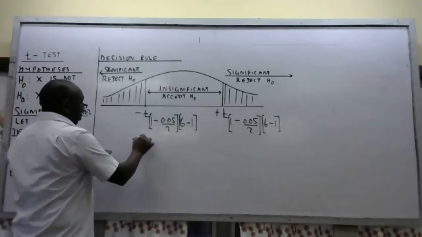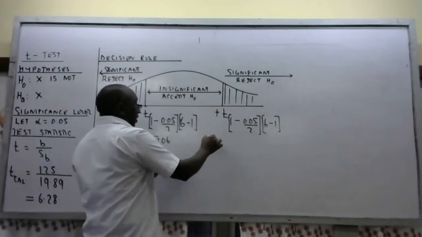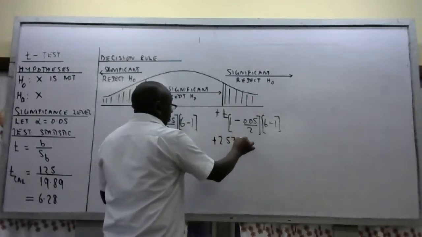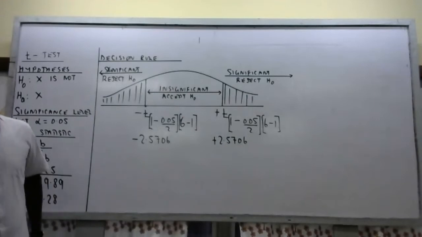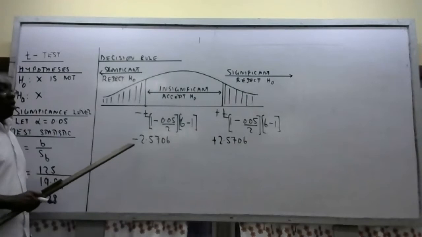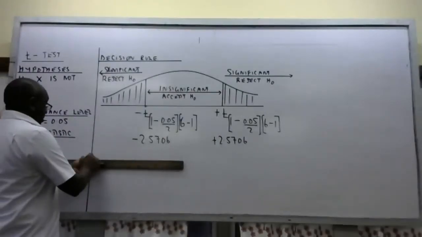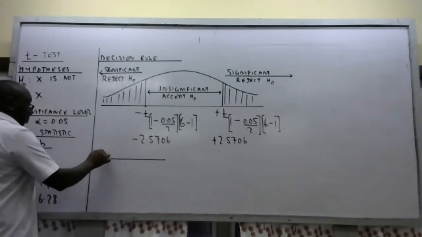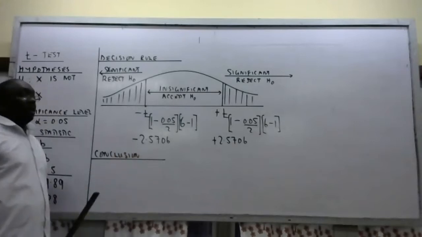So this is minus 2.5706 and this is plus 2.5706. This is the most common test that you find in your paper, the one they will most likely bring your way.